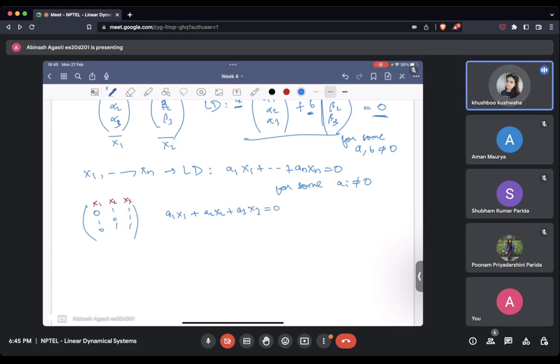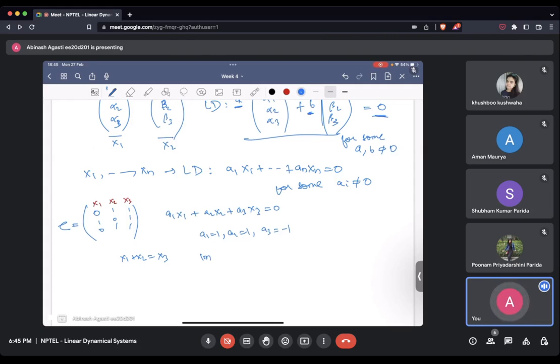So a1 is 1, a2 is 1 and a3 is minus 1. Right. You can clearly see that x1 plus x2 results in x3. So these three vectors are linearly dependent. From this controllability matrix, its image is the span of x1, x2, x3.